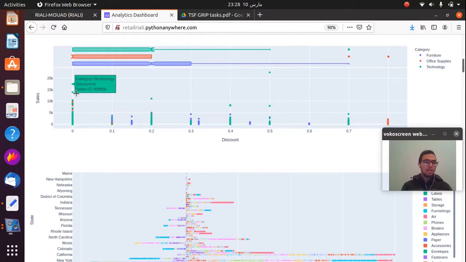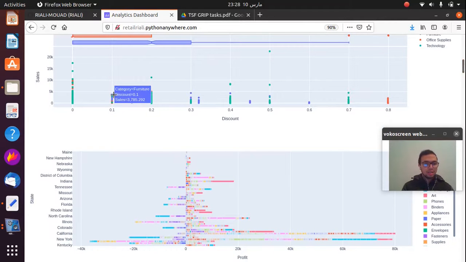For instance, for discounts of 0 and 0.1 we have technology with a profit of 70,000, and here a profit of 3,000. But here the maximum is sales of 2000 for office supplies with a discount of 80%.